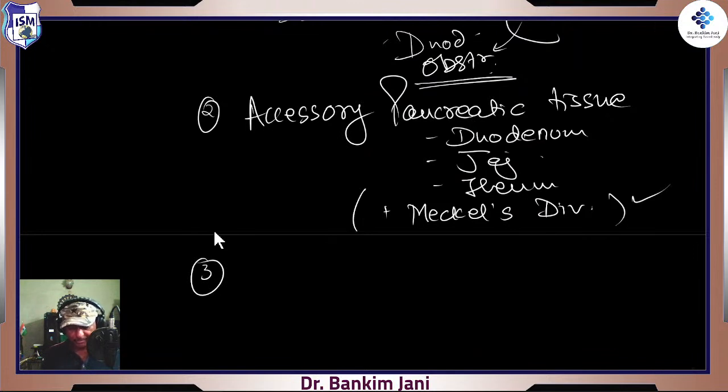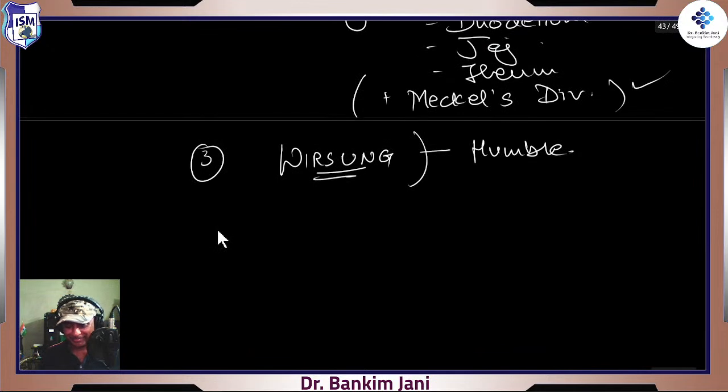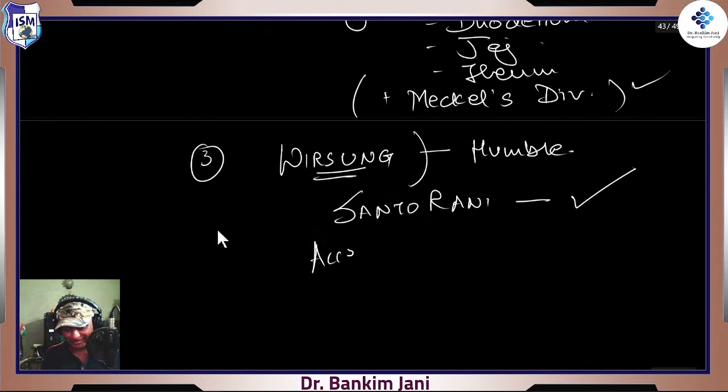Then sometimes our duct of Wirsung, as such the name Wirsung sounds warlike, but sometimes he is very humble. When it is humble, it tells Santorini, you be the prominent one.